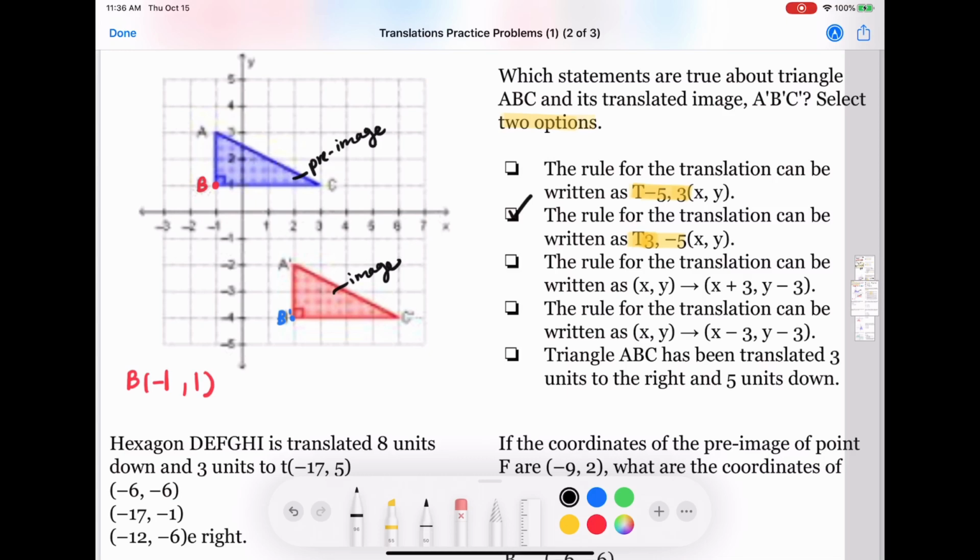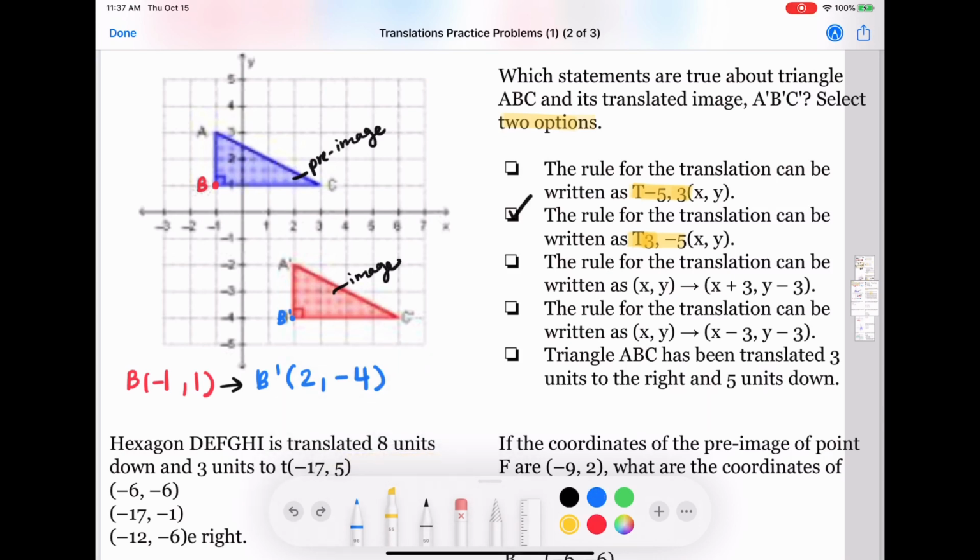And our vertex after the translation lies at 2 and -4. Right? So given that information, we are being told that if we add 3 to -1, we'll get 2, which is true. And if we subtract 5 from 1, we will get -4, which is also true. So therefore, that is in fact our rule of translation.